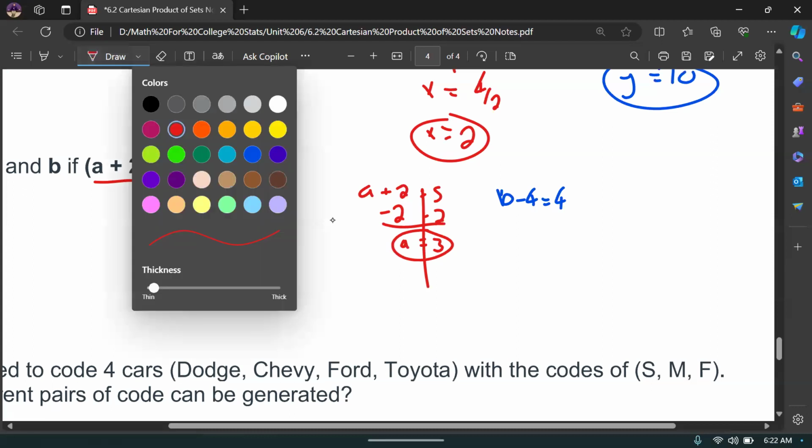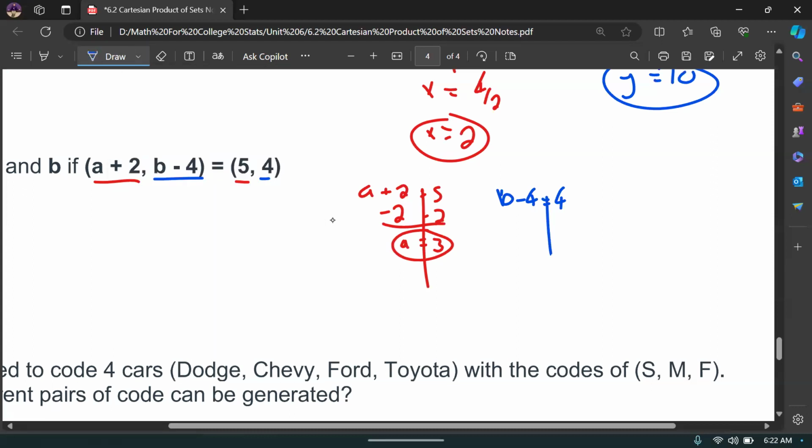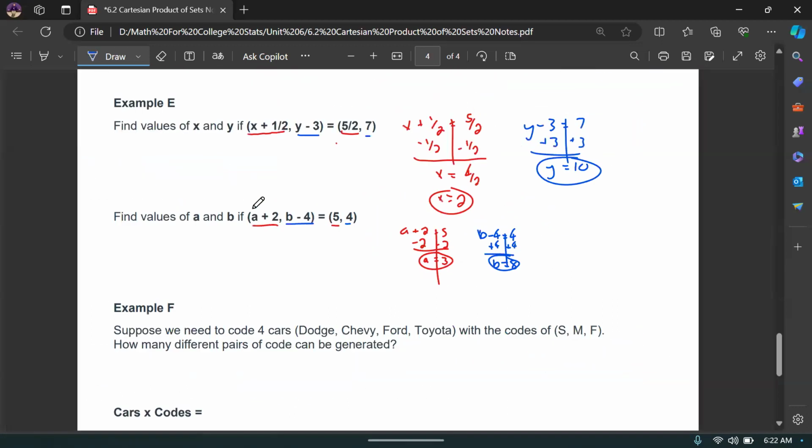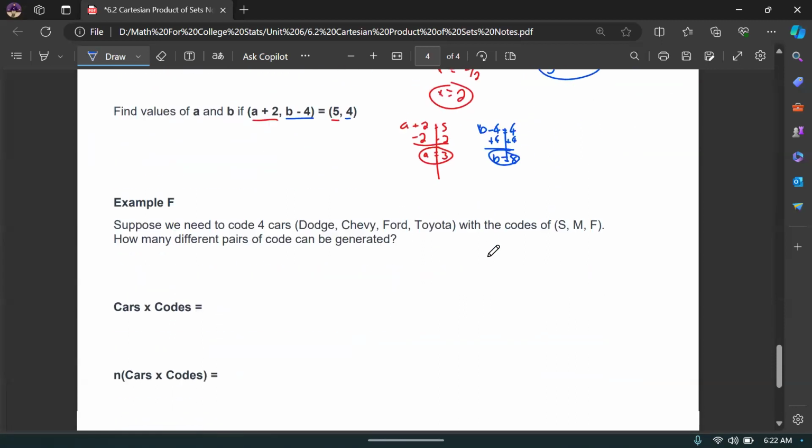And on the other side, we'll add 4, and we'll get B is equal to 8. So 3 and 8, pretty simple overall, right? You just have to know how you're setting it up. And I think, for the most part, you guys could solve these equations.